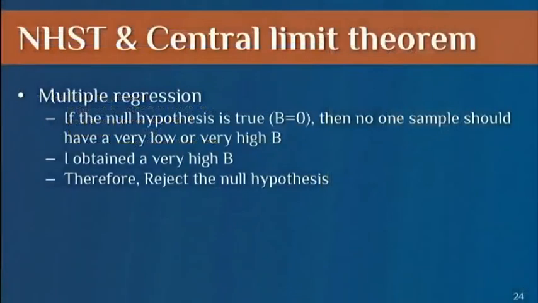Then no one sample should have a very high or very low slope. Let's say I obtained a very high slope. Therefore, I would reject the null hypothesis. What I want to do now is get more specific about this very low, very high. What exactly constitutes very low, very high?